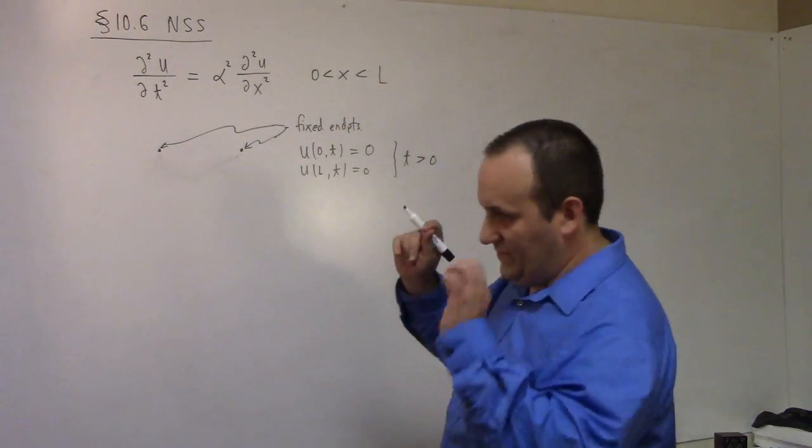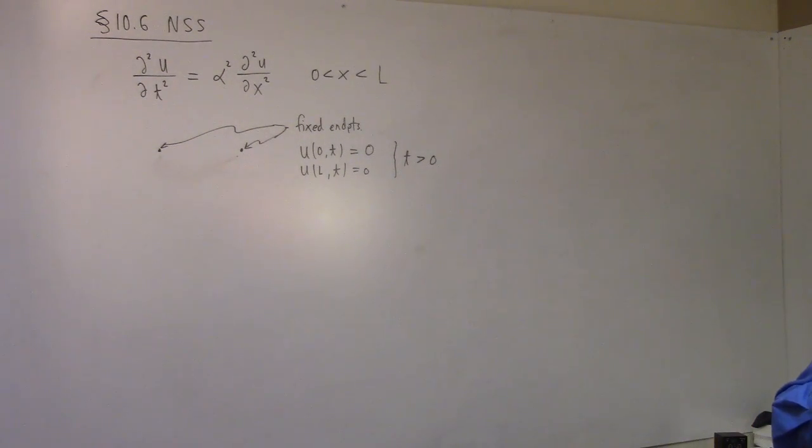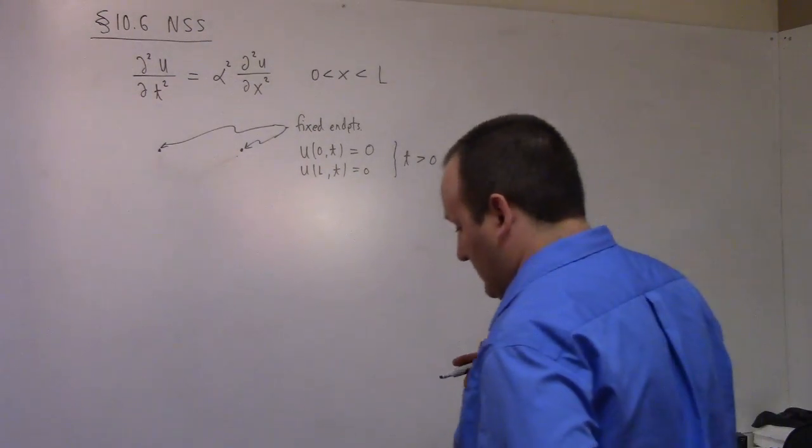So the string is tied at the endpoints. And we're also given an initial position and an initial velocity for the string.